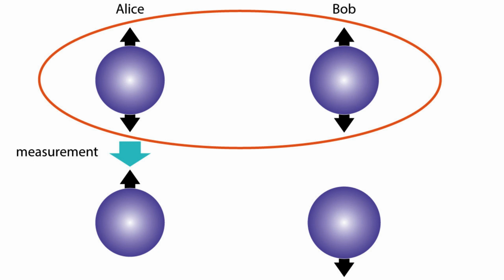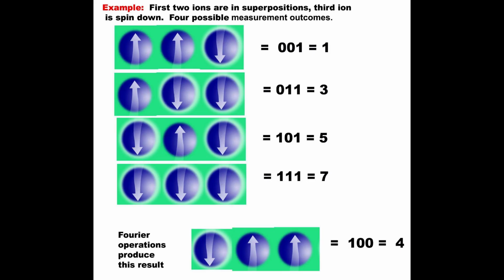Another difference is that instead of binary, 1 and 0, it's not a binary system. These particles can be in a state that represents 1, 0, and then any superposition between 1 and 0, and these are represented by spins. Spin up, spin down, spin left, spin right, and they can be spinning at any angle.